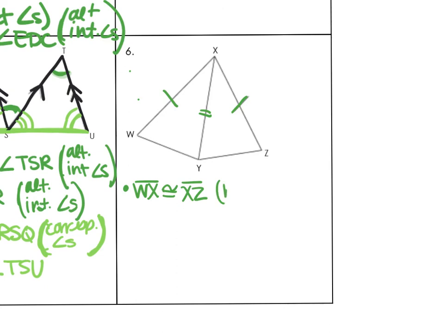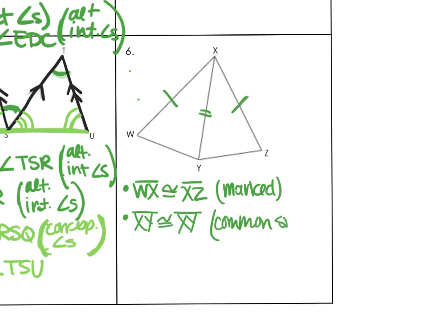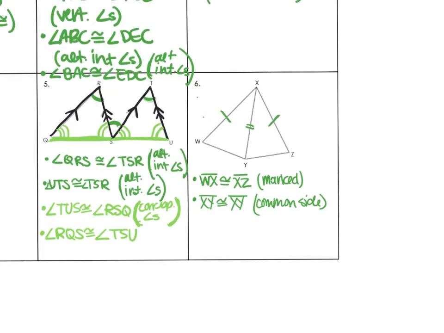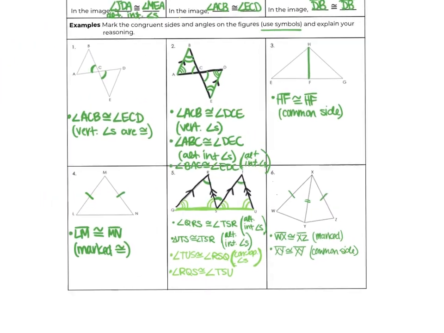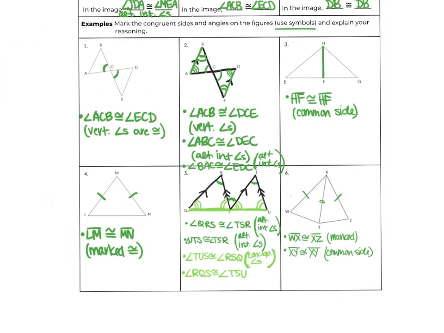Oh, on that one I'm just going to put that was marked. So it means our symbols have there. So I can say XY is congruent to XY because it is a common side, meaning they have it in common. All right, and that's really all we'll be able to identify from that one, okay?